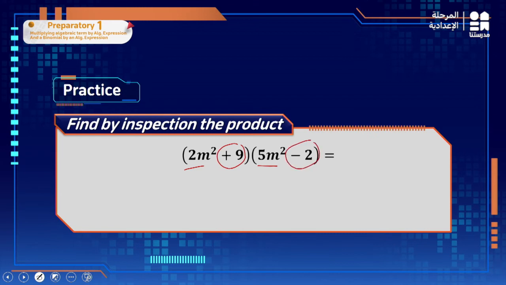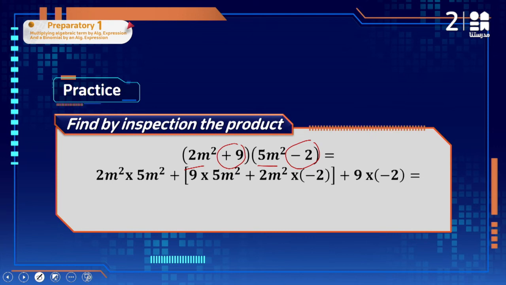In the middle, we are going to find the product of means plus the product of extremes. Here, first times first, 2m squared times 5m squared. Then, second times second is 9 times negative 2. And keep the middle term empty now.